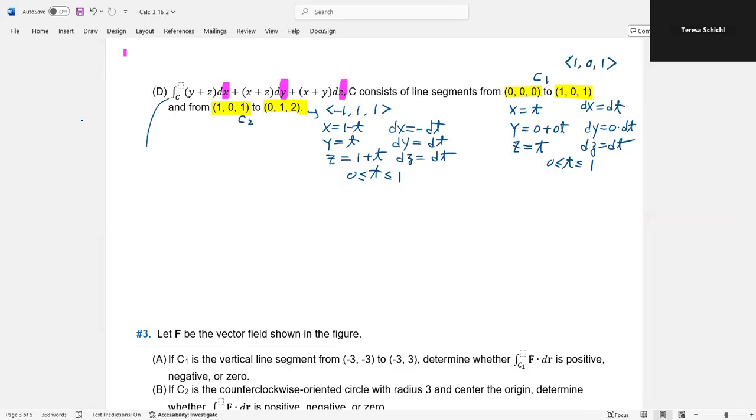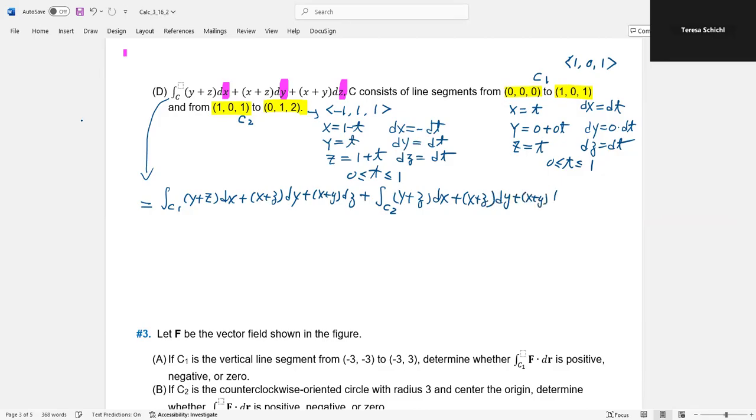So this integration will be equal to, I'm going to separate that: the integral over C1 of y plus z dx plus x plus z dy plus x plus y dz, then plus the integral over C2 of y plus z dx plus x plus z dy and plus x plus y dz here.